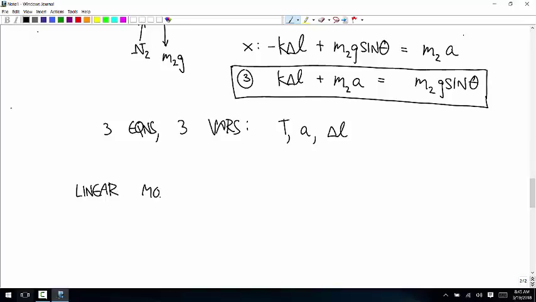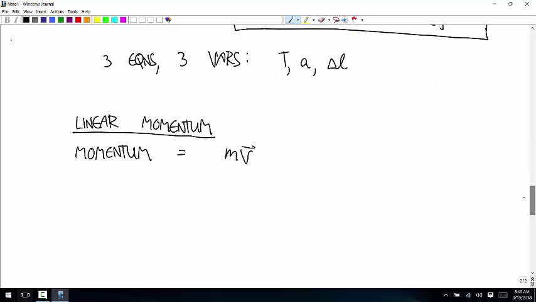There's also an angular momentum, so that's why we're saying linear. And momentum is the mass times the velocity vector. And this is a pain, but we're going to call it lowercase p.